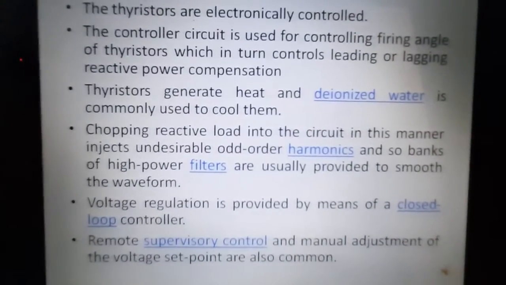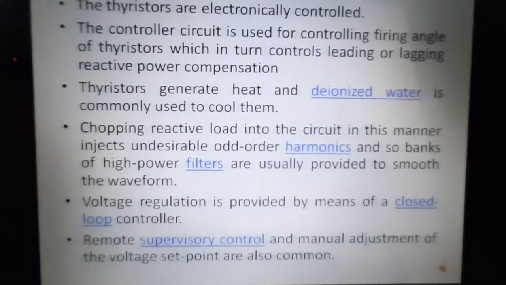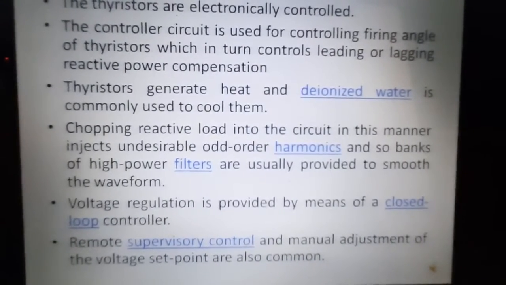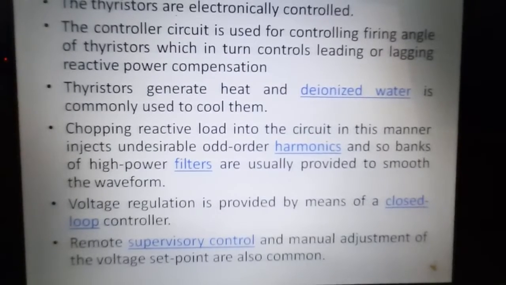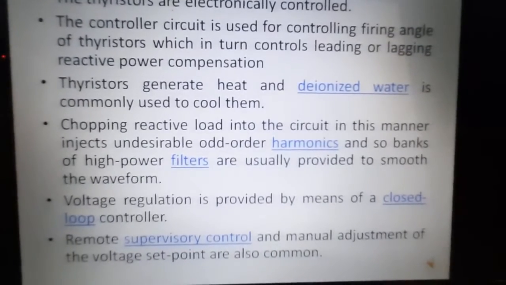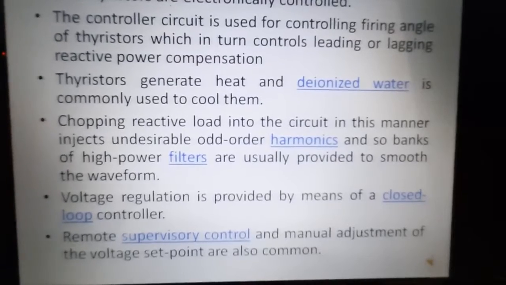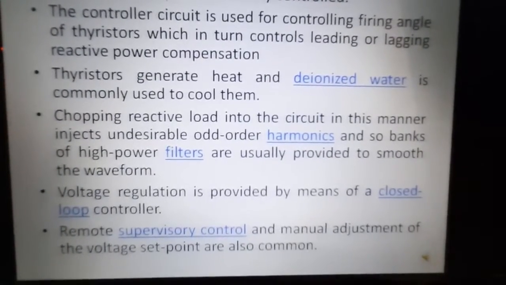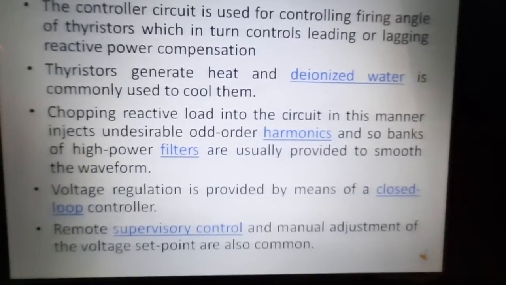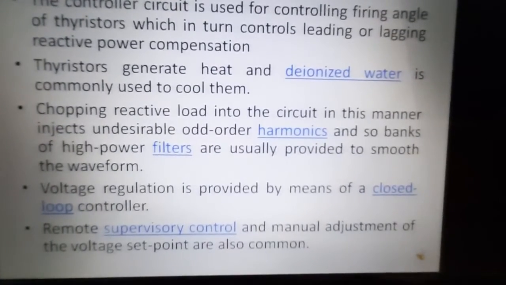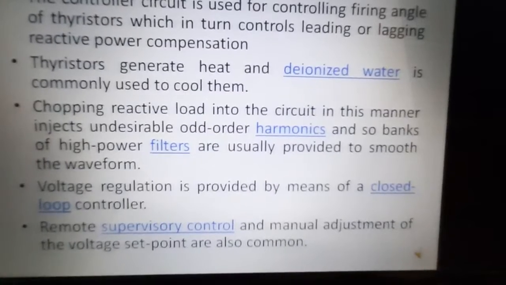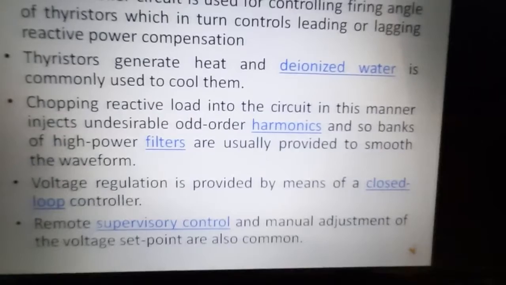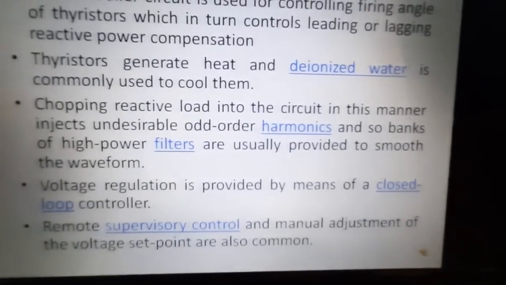While doing so, the thyristors generate heat, and therefore cooling is required, and it is done through deionized water. While providing leading or lagging reactive compensation, we are chopping the reactive load into the circuit. In this manner, undesirable odd order harmonics are injected into the system, and therefore high power filter banks are usually provided to smooth the waveform.